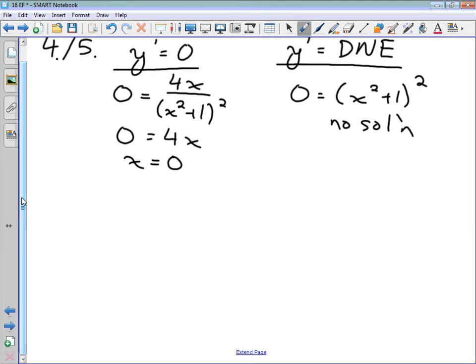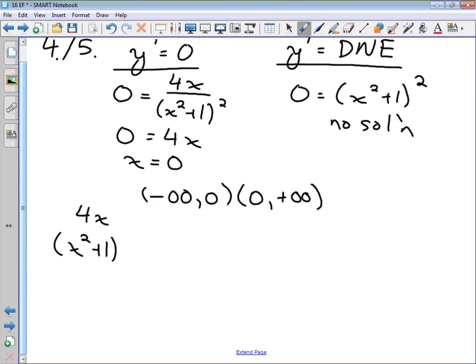So let's set up our interval table here. Our intervals are going to be from negative infinity to 0, then from 0 to positive infinity. And we are checking the sign of each term in our first derivative. So 4x and (x squared plus 1) squared.